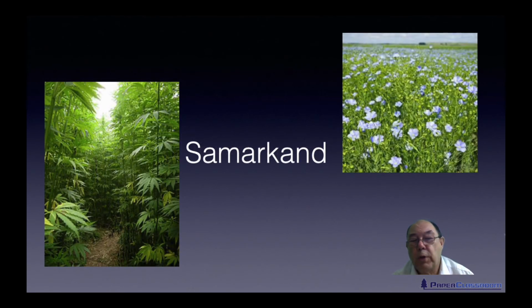Now, of course, there wasn't a lot of bamboo in Samarkand. There was no mulberry in Samarkand. And so they turned to the materials that they grew in large quantities. And they were growing hemp and they were growing flax. Hemp for things like ropes, flax to turn into clothing.